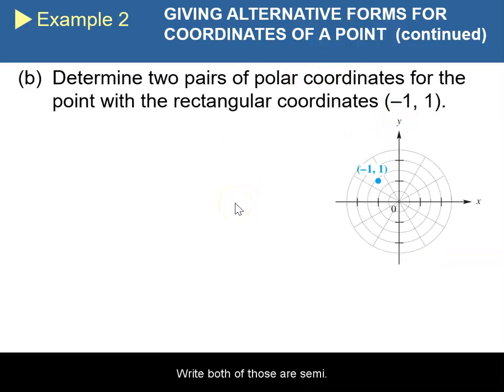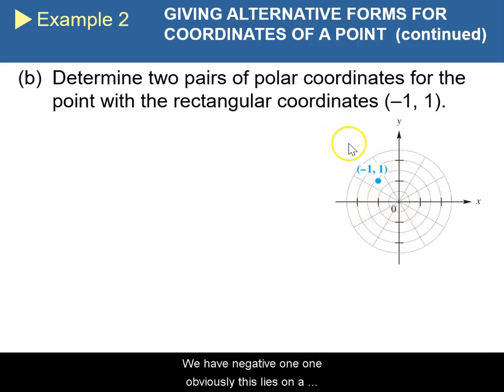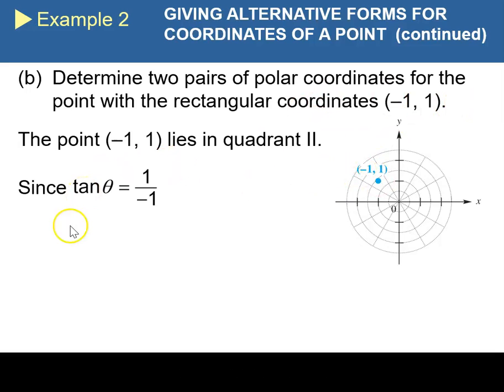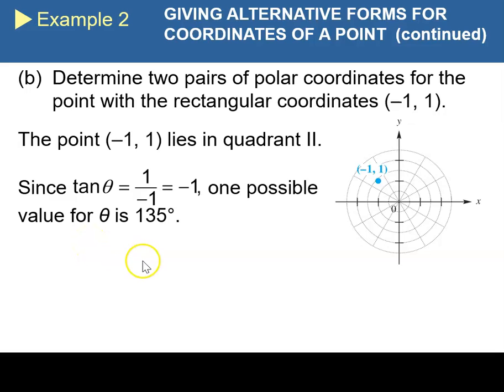Both of those are semi-easy. So we have (negative 1, 1). Obviously this lies on a 45 degree line, so just by looking at this you can tell that it should be a reference angle of 45 in quadrant 2. So that's 135 degrees with the reference angle of 45.